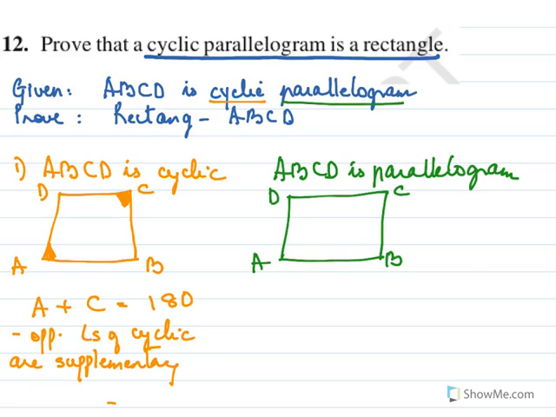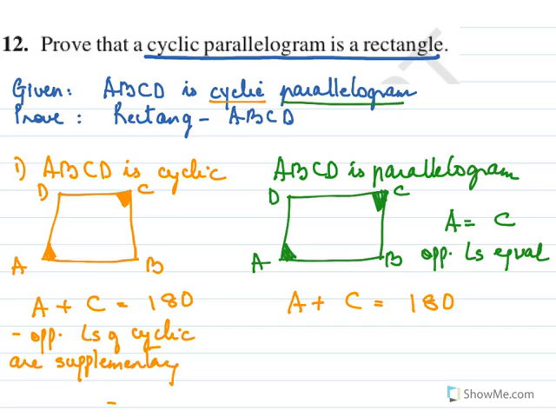So what are the properties of parallelogram? We know A is equal to C. A equal to C because opposite angles are equal in a parallelogram. So earlier we had said A plus C equal to 180.